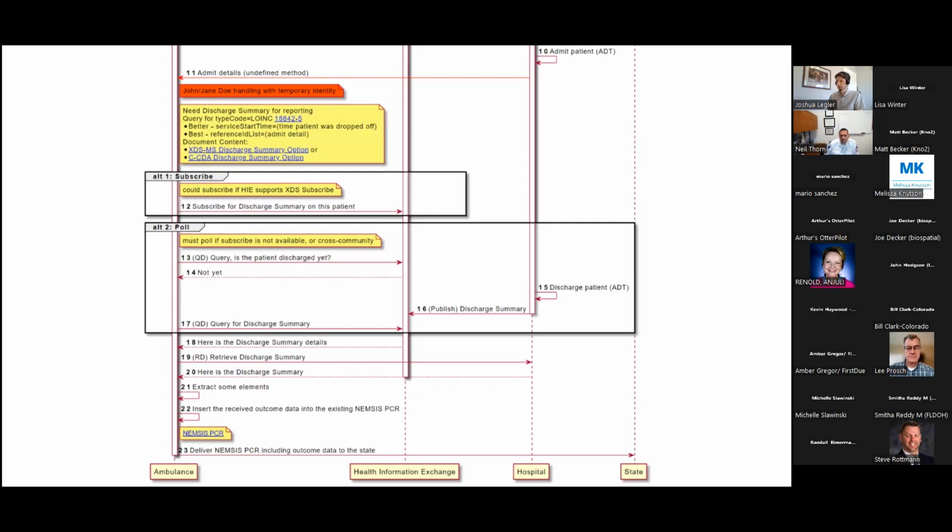And if not, you wait a little longer and query until you get something. Then you would retrieve the discharge summary and get some data elements out of it and incorporate those outcome elements into the NEMSIS XML data export that would go up to the state database. So that's what we're looking at in the overall flow.